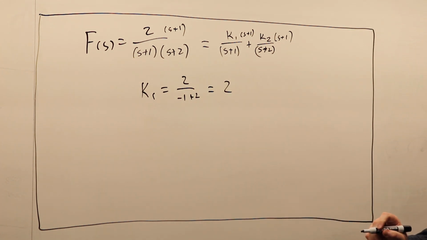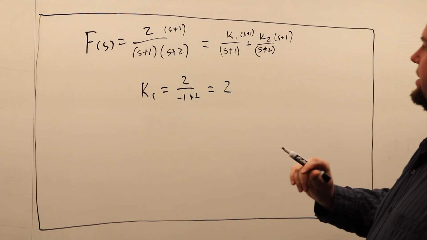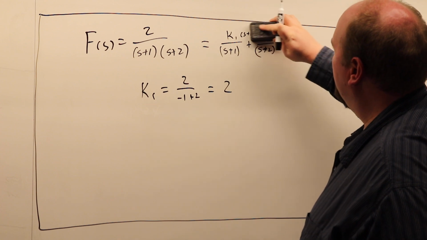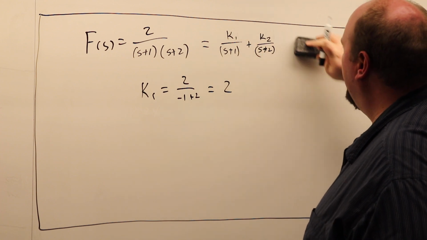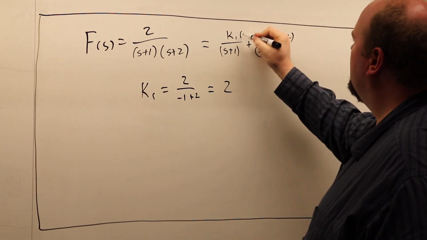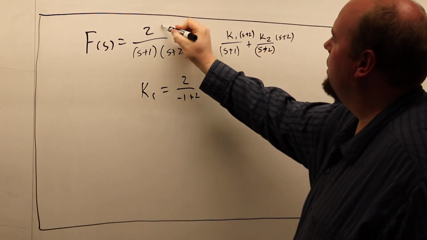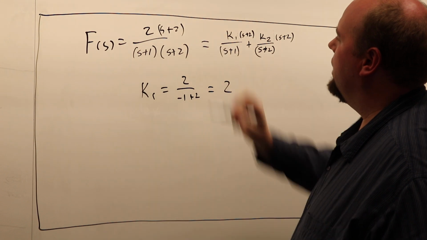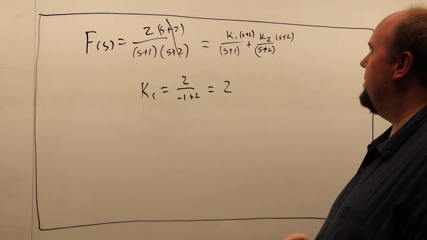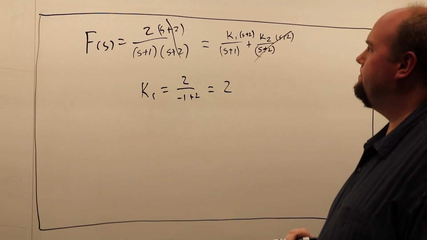So to solve for k2, we're going to repeat this process, but in this case we multiply by s plus 2. Now, because this is the last thing I'm going to do with this equation, I can wipe those out.